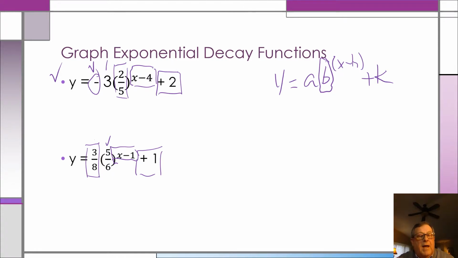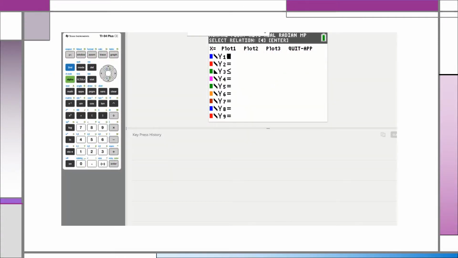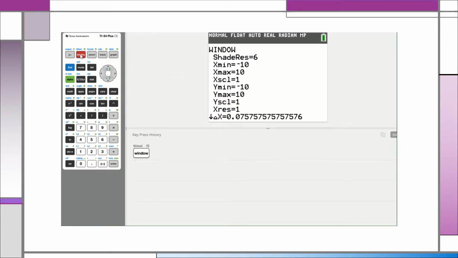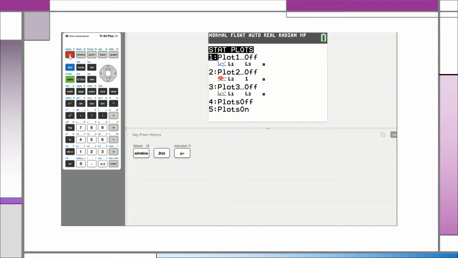All right, let's move to the calculator and see what we got. Of course, I want to check my window settings. I'm at the default -10 to 10 for both x and y, scales of 1. That looks pretty good. I also check my stat plot to make sure it's off.